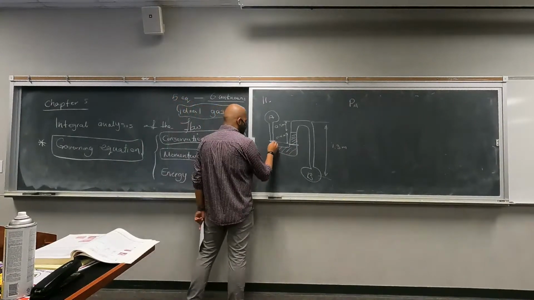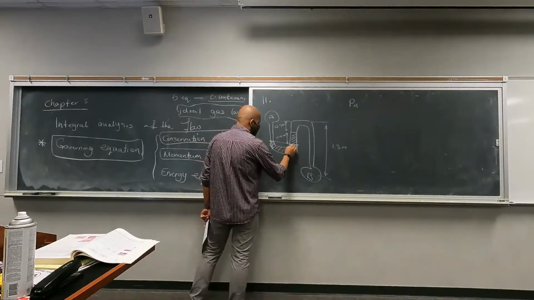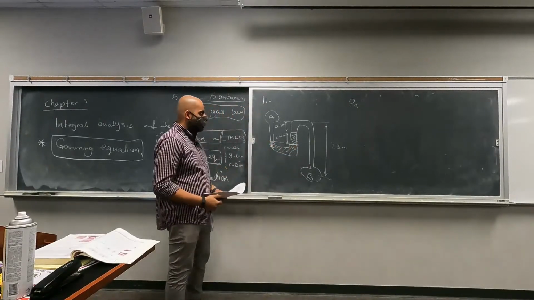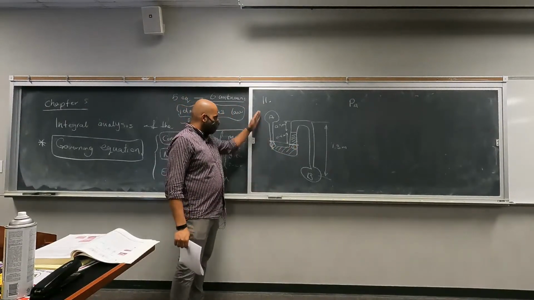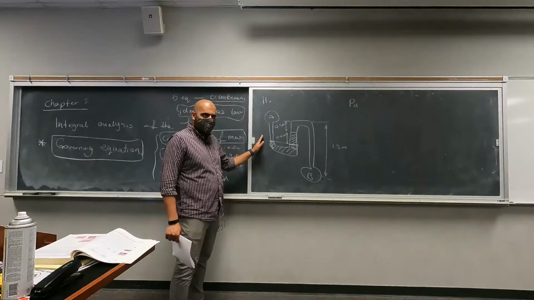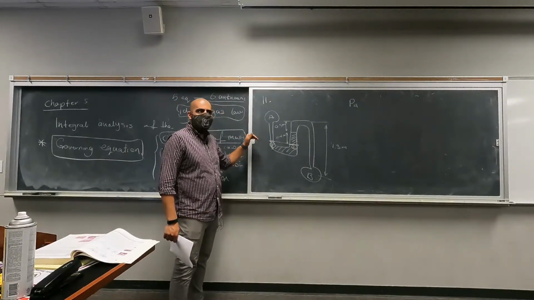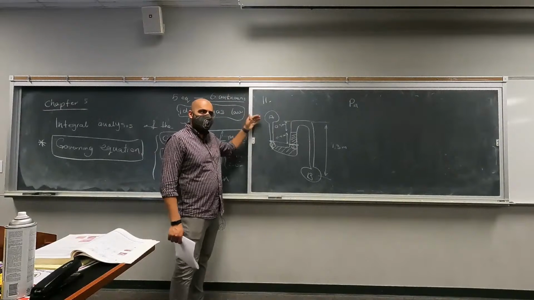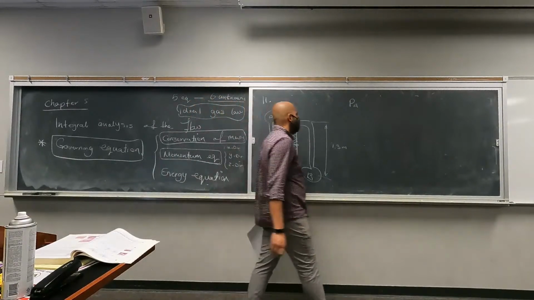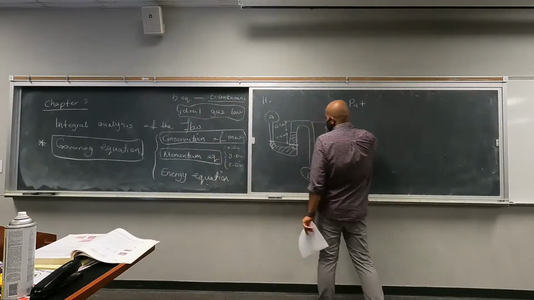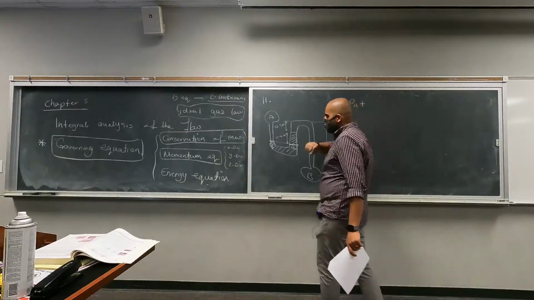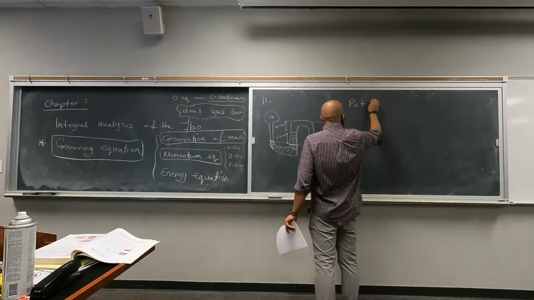So the pressure at point 1 and point 2 are the same. What is the pressure at point 1? Since we are moving down from PA, pressure at point 1 is going to be higher than PA. So we're going to get PA plus gamma H, right?